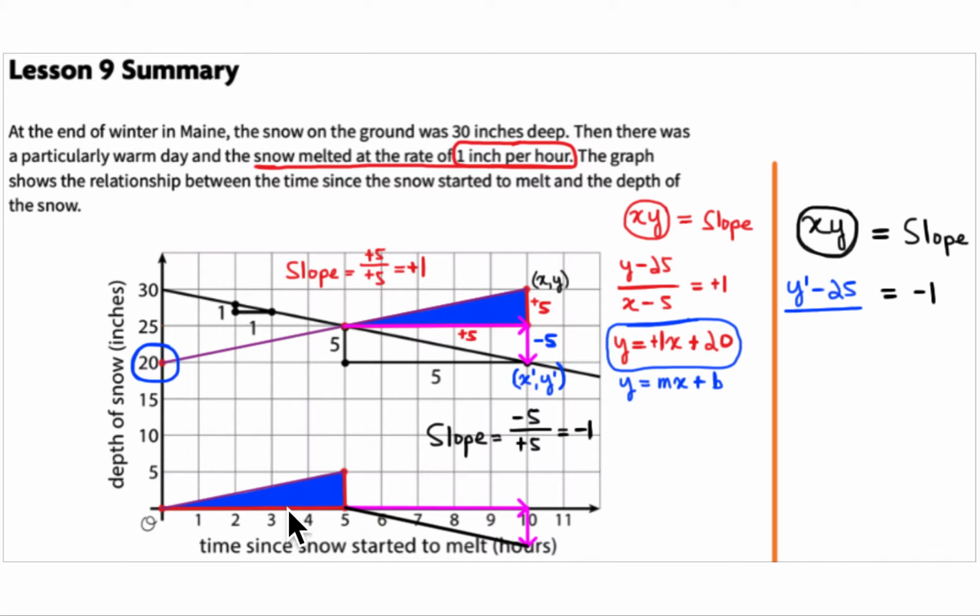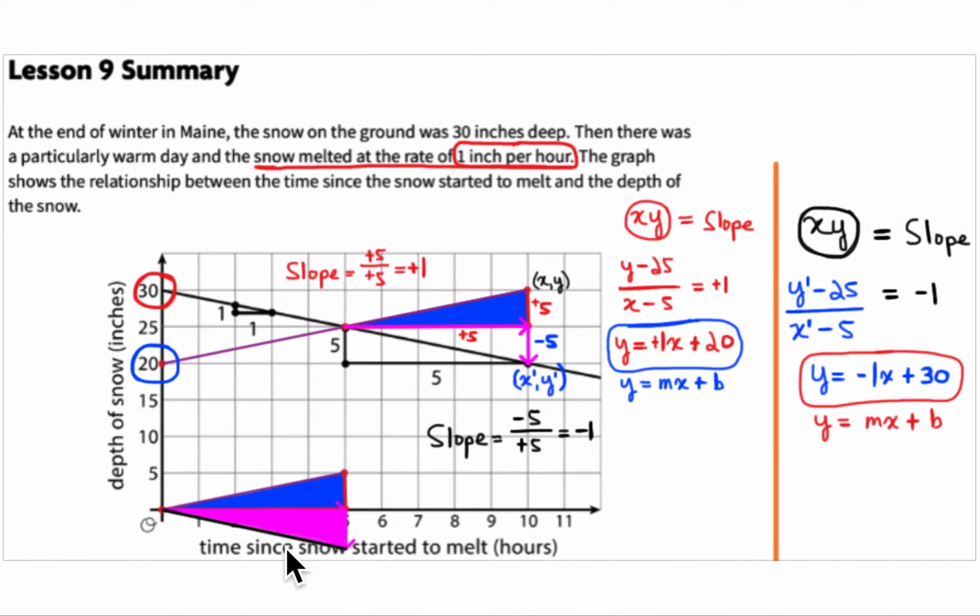So now this slides over to here. So it's y prime minus 25 over x prime minus 5. Slides it over to right here, and that equals negative 1.